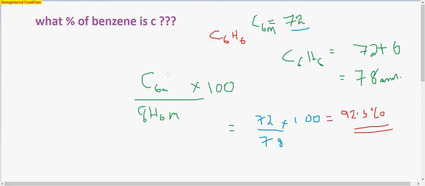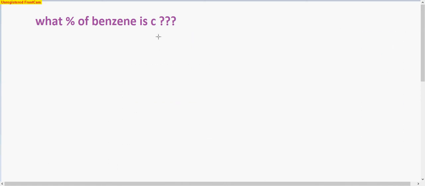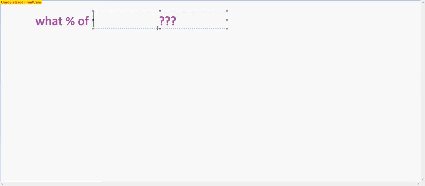Okay, now moving on to another problem, a similar one. What percentage of H2O is oxygen?